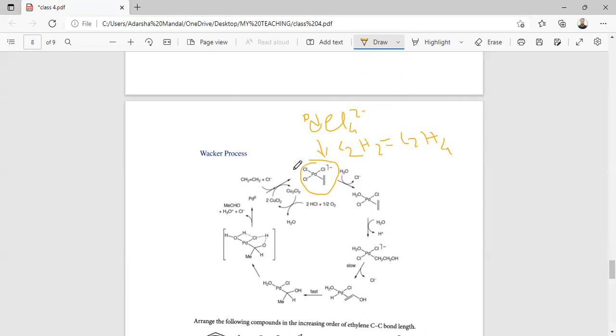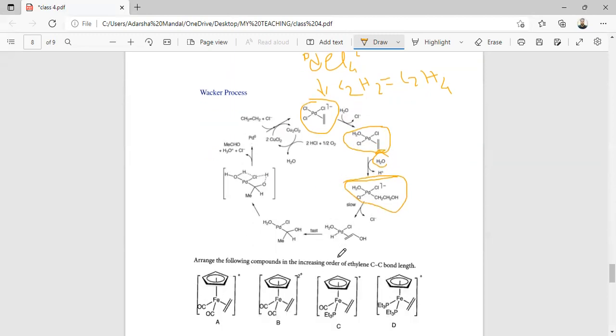One chloride is substituted by a water molecule to form this water-bound palladium intermediate. Next, another molecule of water does the nucleophilic attack onto the carbon atom of the ethylene to form this alkylated palladium intermediate. Then another chloride is detached from the metal center, and here beta hydride elimination occurs to form this metal alkene intermediate.